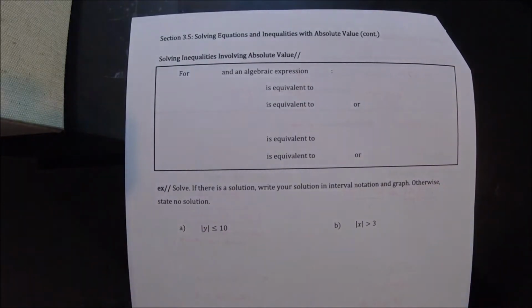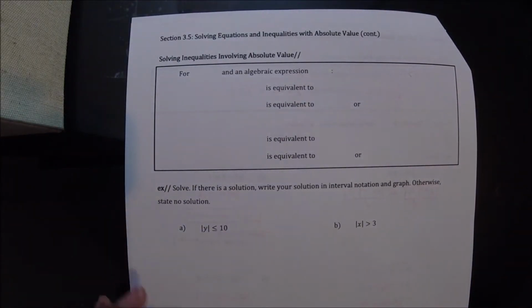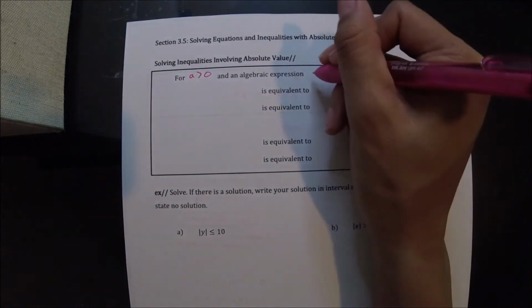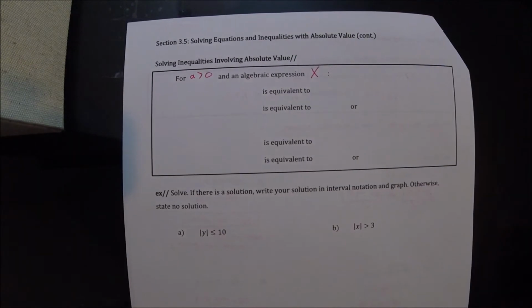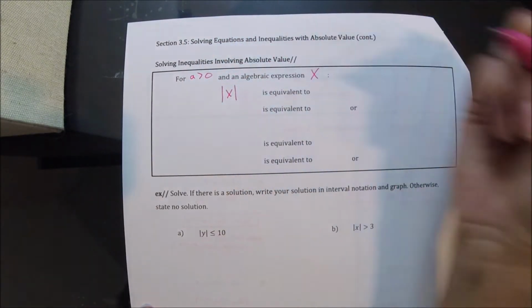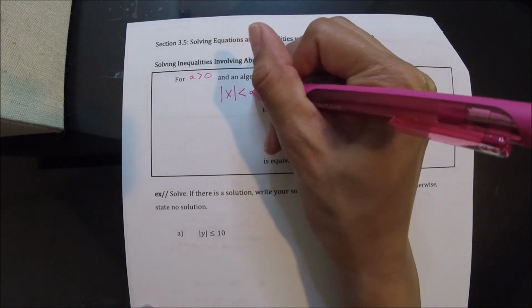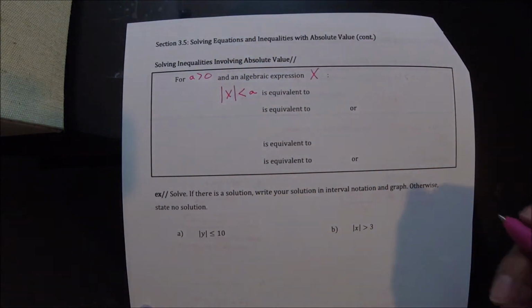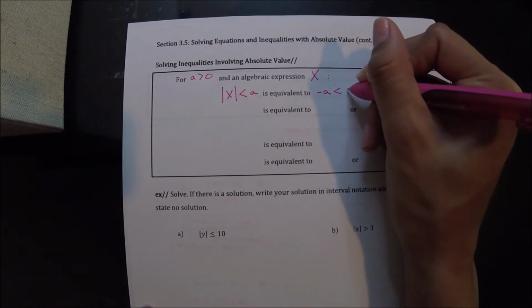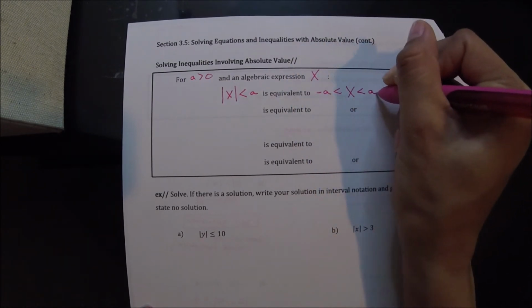And now we will solve inequalities that have absolute value, so less than, greater than, stuff like that. So for a greater than 0, and an algebraic expression x, if you have the absolute value of x is less than some number a, then that's going to be equivalent to negative a is less than x is less than a.